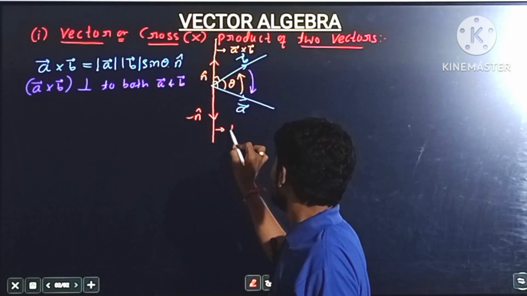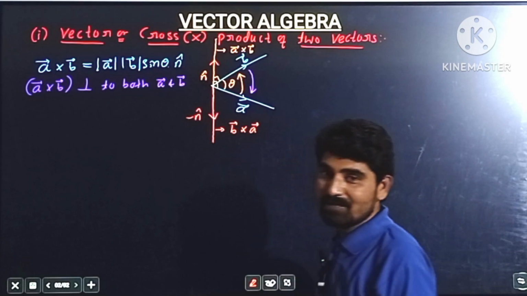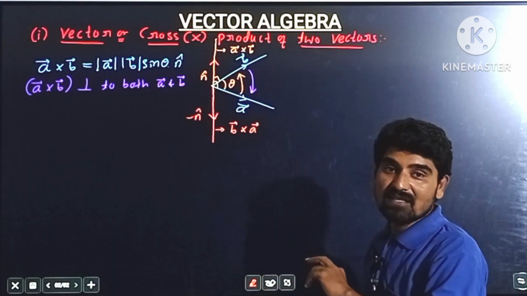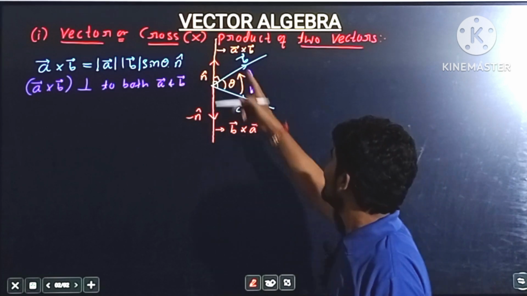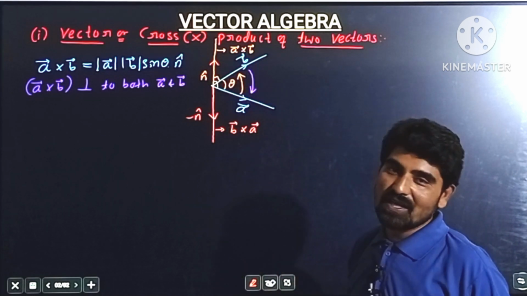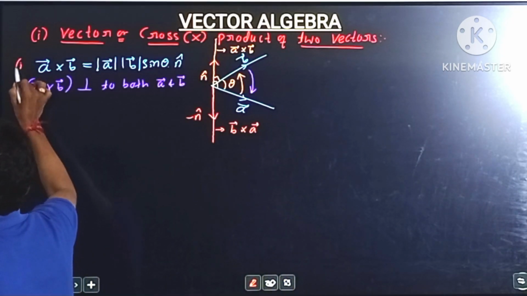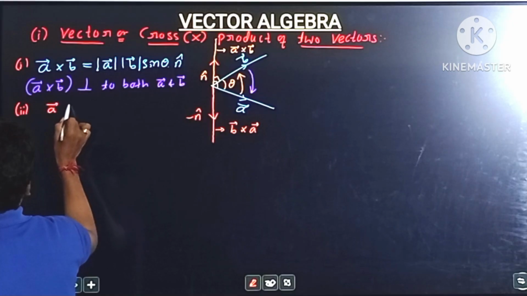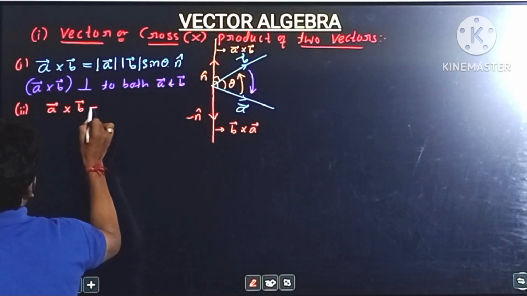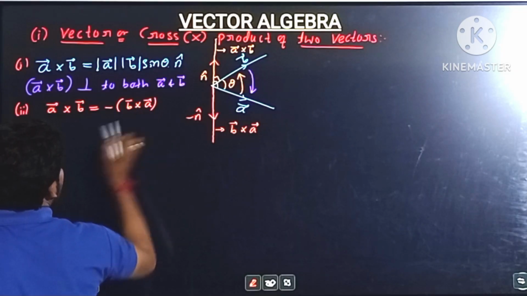So this vector is b vector cross a vector. I hope all of you are understanding. So when direction changes, sign changes. So we call it a cross b is not equal to b cross a. The second point we need to observe here: a vector cross b vector is equal to negative of b vector cross a vector.